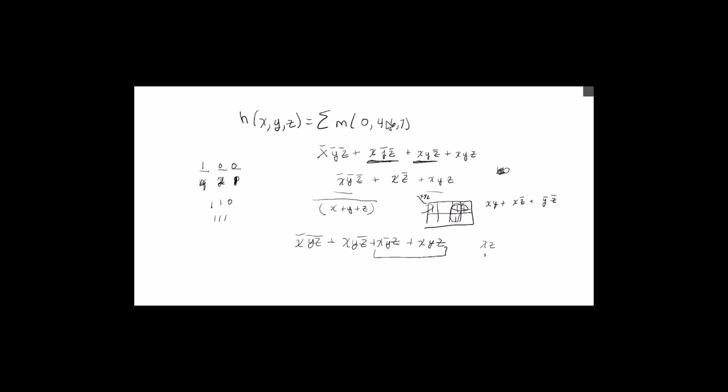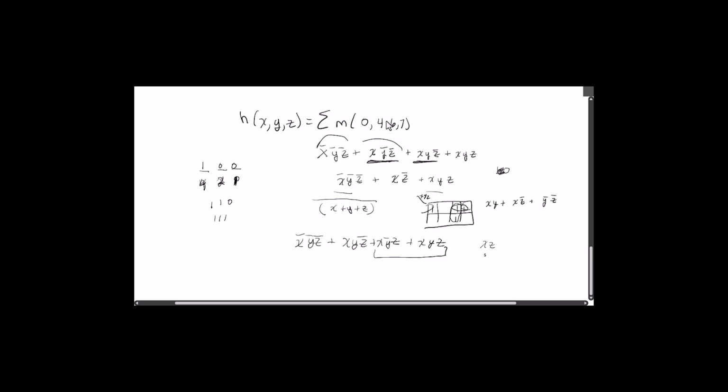So I'm trying to simplify this expression right here, and I got this xz bar. Now also, if you look at this one and this one together, you see that this one has an x bar and this one has an x, and otherwise they're the same. So that means we can just have y bar z bar.